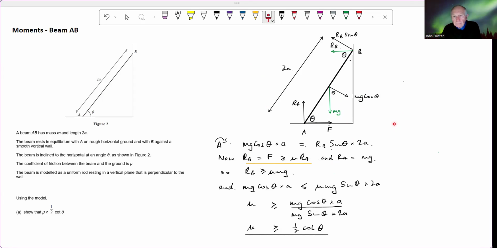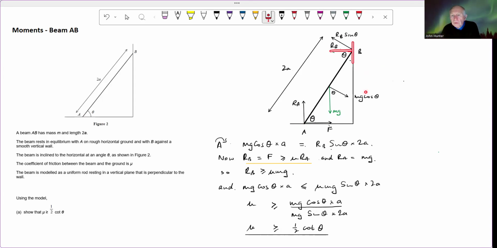We've got the reaction force here at the base, which is perpendicular to the ground, and then we've got this frictional force here. I think we can assume it's acting in this direction. The tendency is going to be for the ladder to slip outwards, isn't it? And then we've got the reaction force at B, which is perpendicular to the wall.